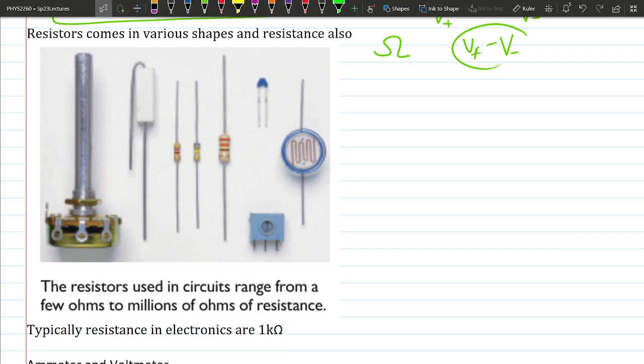It's actually rho times L divided by A. So the longer the resistor, the more resistance you get, okay? And we're going to see this geometrically. Go turn this off, laptop.